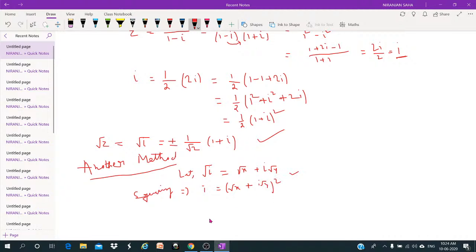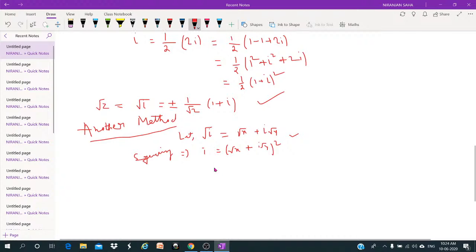What will be the value here? This will be x plus 2 iota root x root y plus iota square y. So this will be x minus y plus iota into 2 root x y.